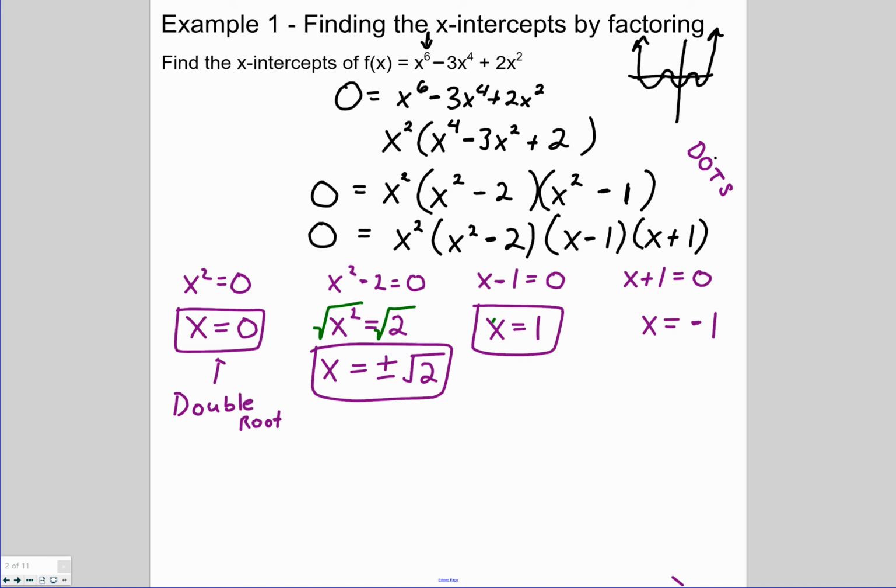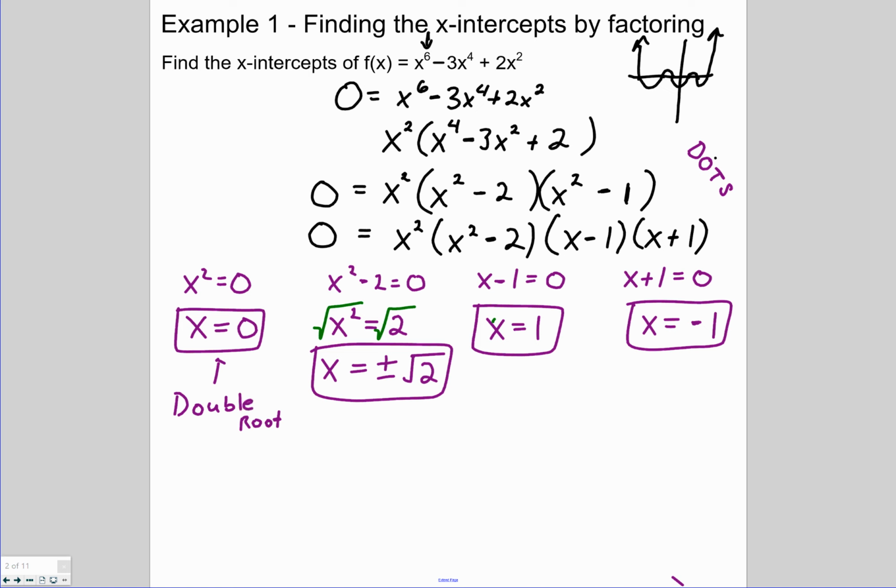They're all of these. But I'm trying to show you, Jalissa, hopefully you see that there's not 6 answers. There's 5 because one of them is a double root. But it's always a good thing to check. What's the degree? That's how many answers I should have. So I have 1, 2, 3, 4, 5, but that's a double root, so that gives you that 6th.